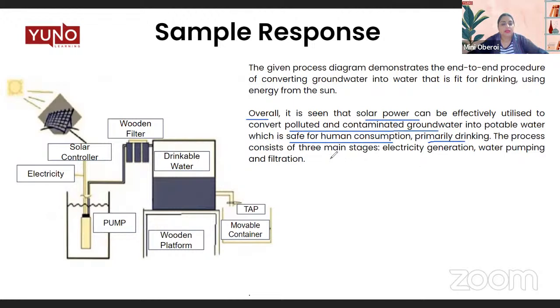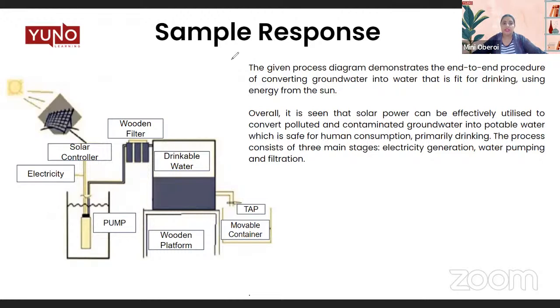The process consists of 3 main stages: electricity generation, water pumping, and filtration. Isn't it? These are the 3 major steps: with the help of the solar panel, electricity is produced. After the electricity is produced, water is pumped, and then it is filtered for drinking purposes, right? For human consumption only. So when we look at this process, we know what is the step-by-step procedure.